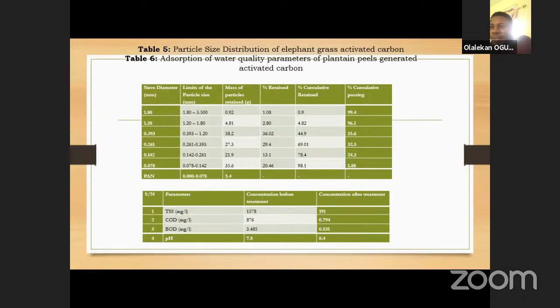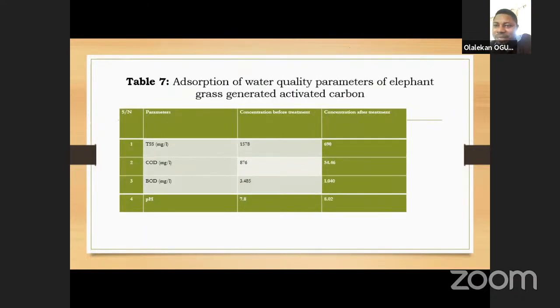The next slide, sir. Okay, the adsorption of water quality parameters, elephant grass. Next slide, sir.